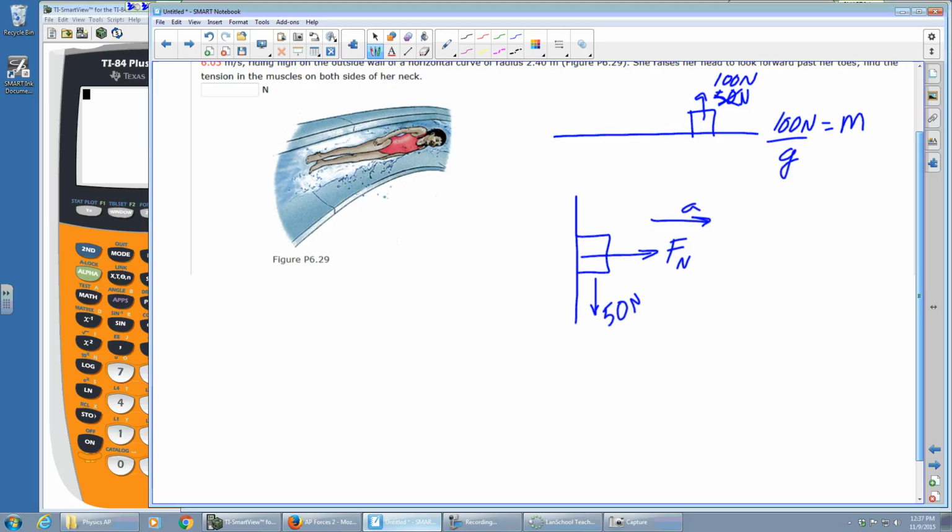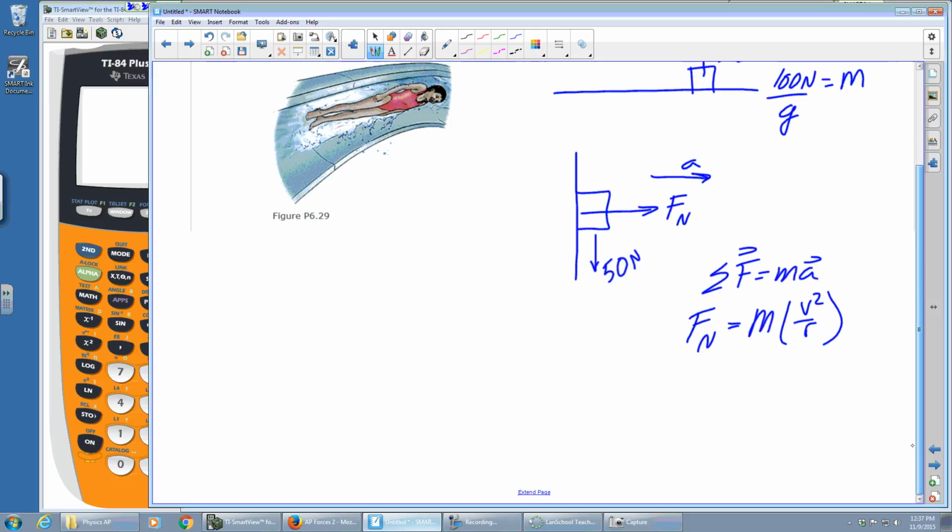Oh boy. So again, Newton's second law here. The only force in the centripetal direction is the normal force. That's giving our massive-head girl the acceleration, which is going to be v squared over r.